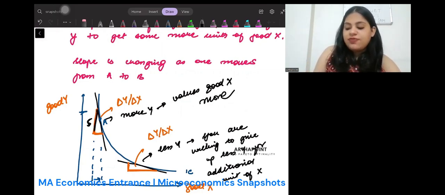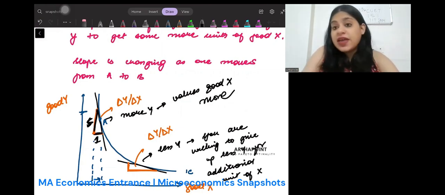I am willing to give up 5 units of good Y for 1 unit of good X. This is my MRS. This is the slope of the IC, which is called MRS, marginal rate of substitution.